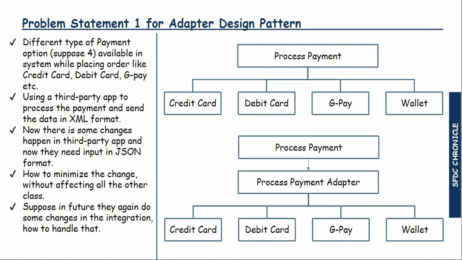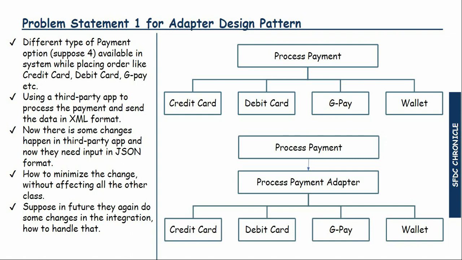So to minimize the changes without affecting all four classes, and so that we can easily support changes in the future, we can introduce a class called process payment adapter, which will be connected with process payment.